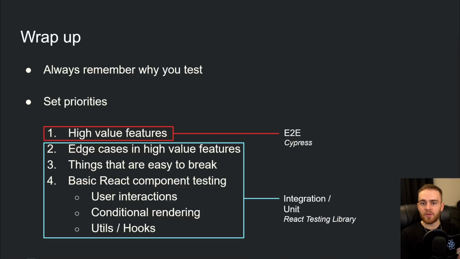But in the end, the definitions don't really matter as long as you're ensuring that your tests are acting as a safeguard against unwanted behavior in your apps. And of course, in this video, I wasn't able to cover everything that is part of testing. You also have things like mocking and lots of different things. But I think if you understand what we've done in this video, you are very well underway in your testing journey.